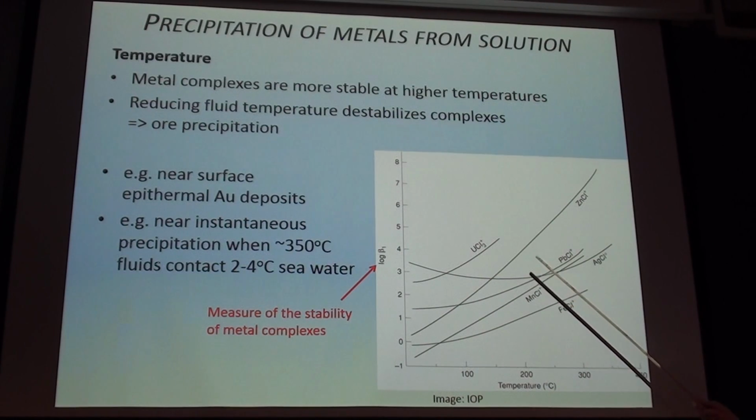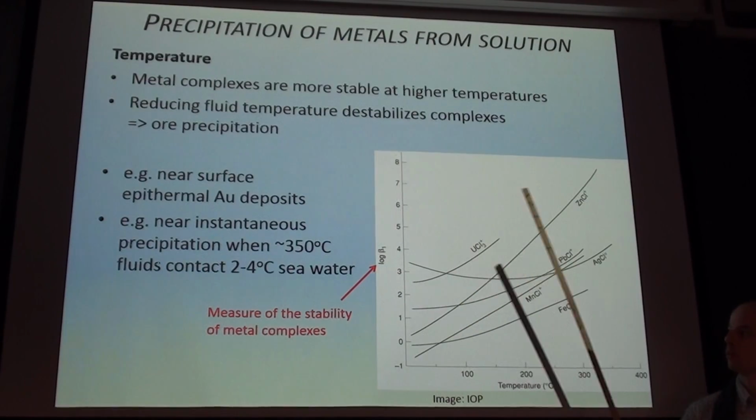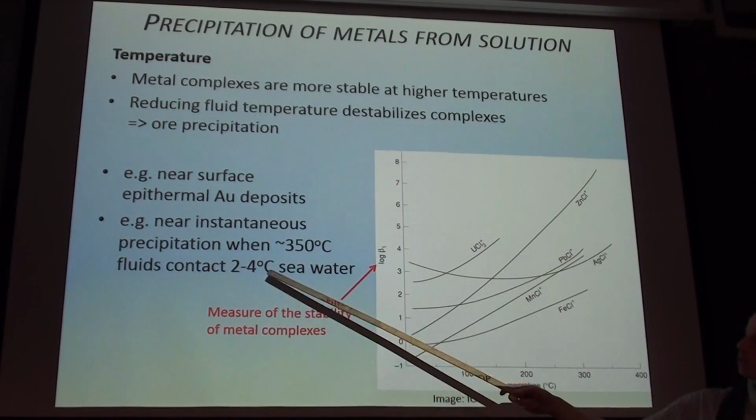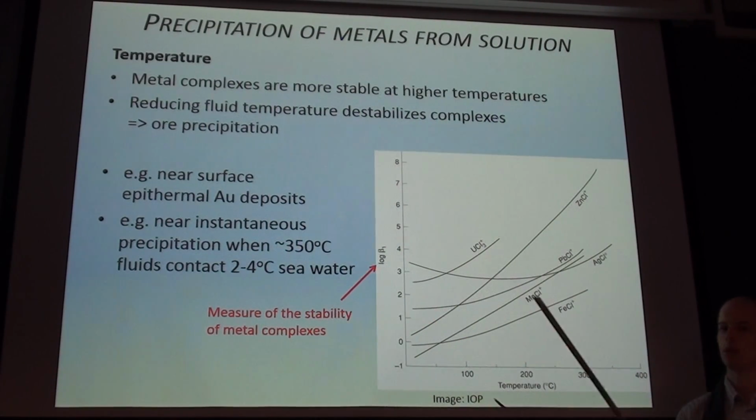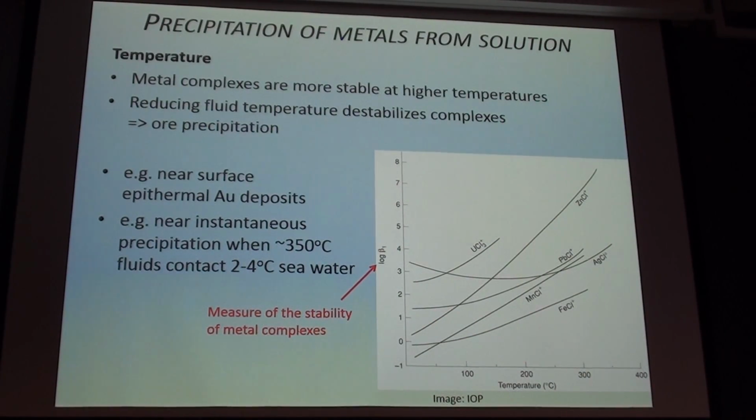So decreasing the temperature might cause complexes to break down and the metals to precipitate, and that's what often happens in epithermal gold deposits or in deposits on the ocean floor, VHMS deposits, where very hot hydrothermal fluids at 350 degrees or more contact seawater at the seafloor, 2 to 4 degrees, and there is instantaneous freezing.